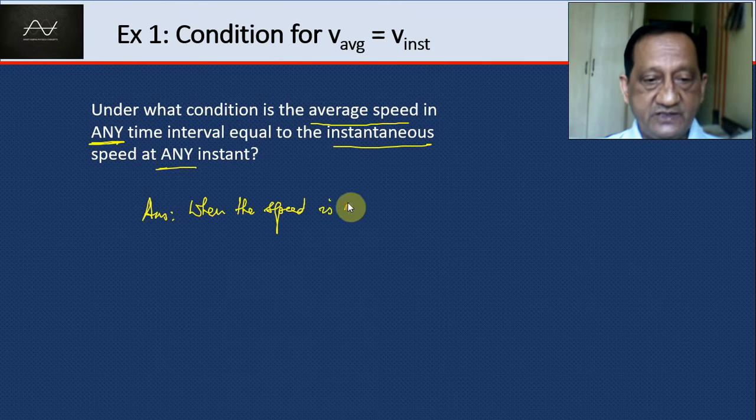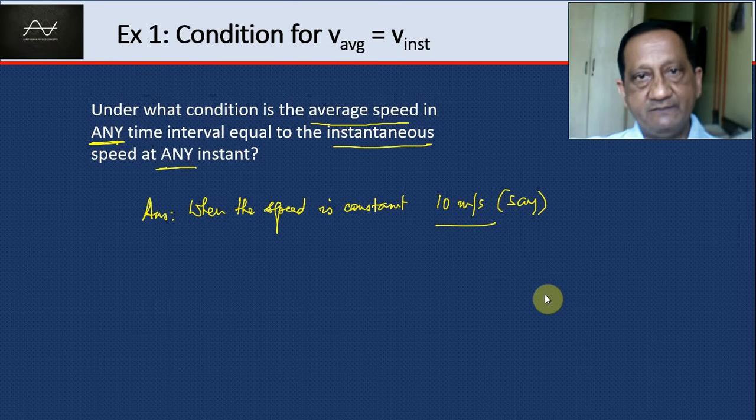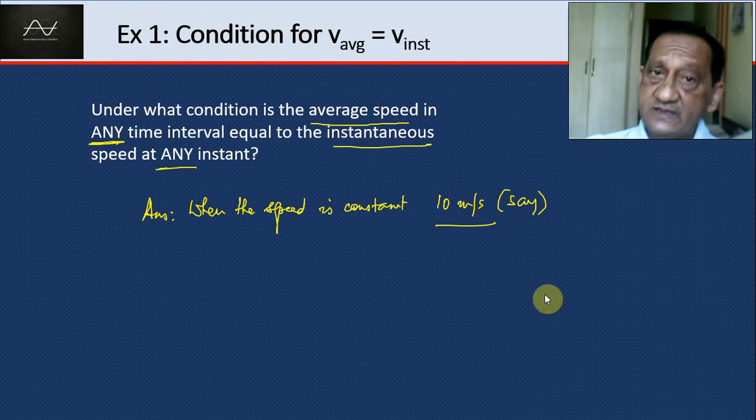The instantaneous speed, suppose the speed is constant 10 meters per second, suppose, constant. You take the speed at 10 a.m., 10 meters per second. You take the speed at 11 a.m., 10 meters per second. You take the speed at 3 p.m., 10 meters per second. Constant. The instantaneous speed is always 10 meters per second.